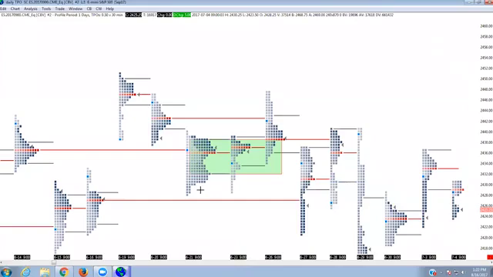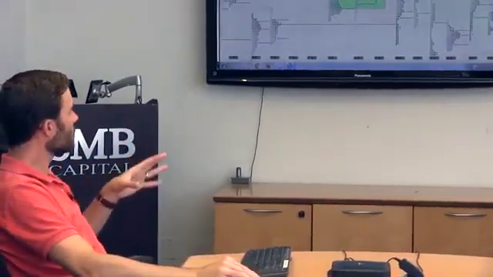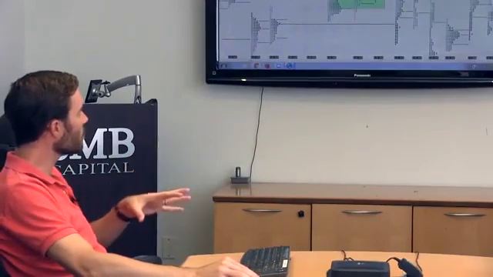And this is very important as well. I should have mentioned this. I always keep multiple profile charts up. One is just composite structure like this, and on the other I will never merge any days because, for example, the 23rd gives me certain features, its value, its poor high, things that I want to keep track of.